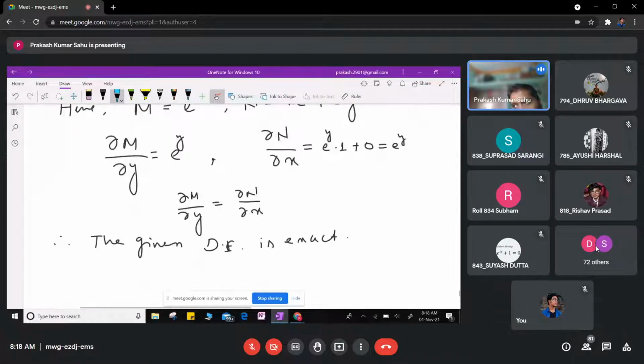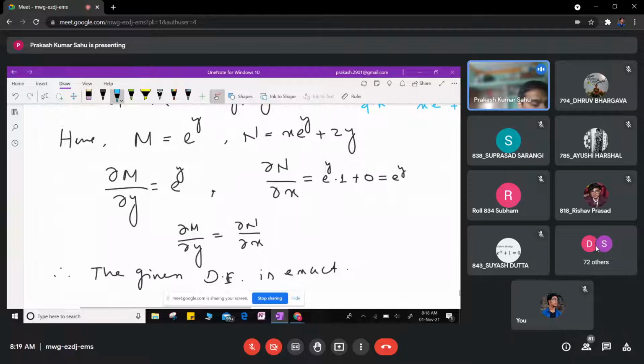In differential equations, different differential forms have different methods. In chapter 1, especially, we solve first order differential equations. First we check whether it is a separable ODE; if it is separable, you can easily solve it. Then the next is homogeneous.